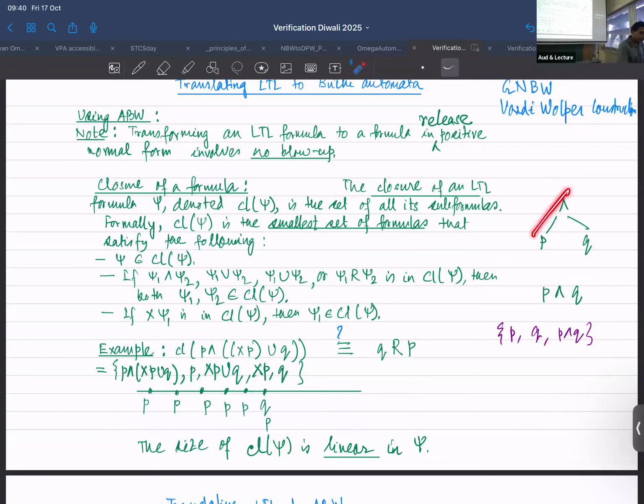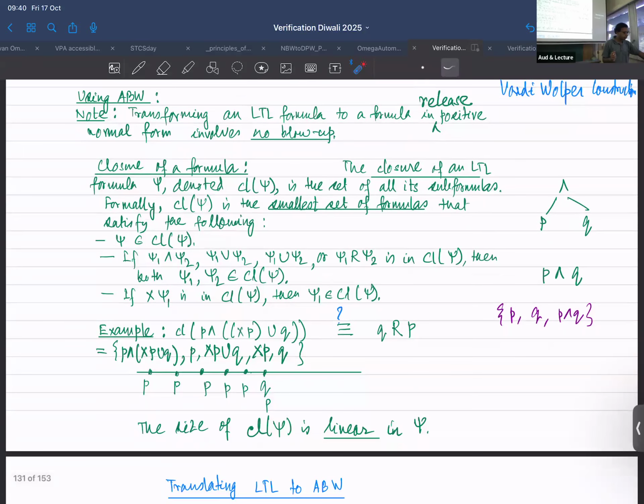The topmost node corresponds to the entire formula. So the number of nodes that you would have is the size of the closure. You can think of it that way, and the size of the closure is just linear in the formula, right?